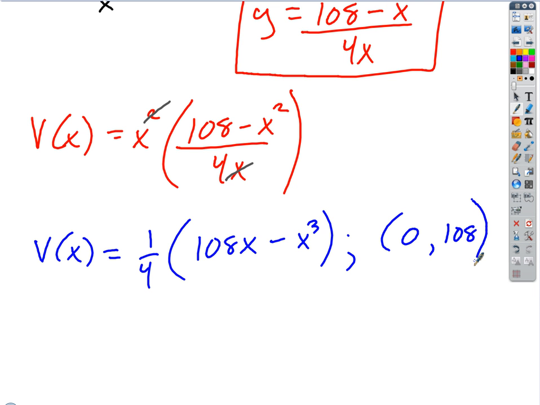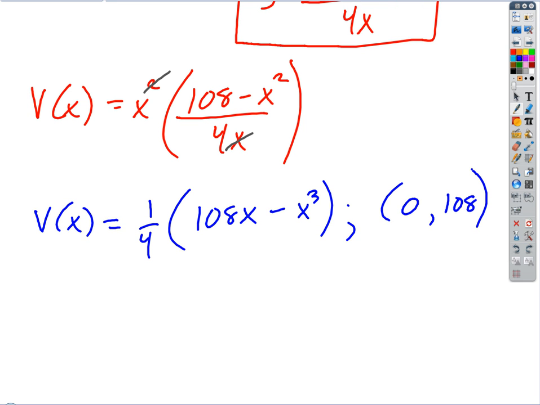Now we just do calculus. And this part, you're getting really good at. So let's just put on our calculus hat, and let's go to the next page, how about? And we'll just do the calculus.